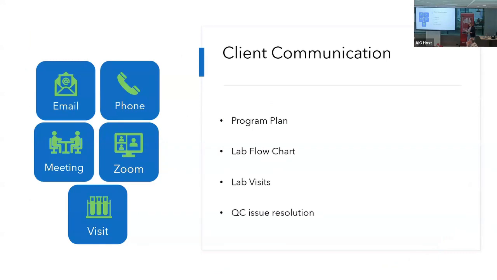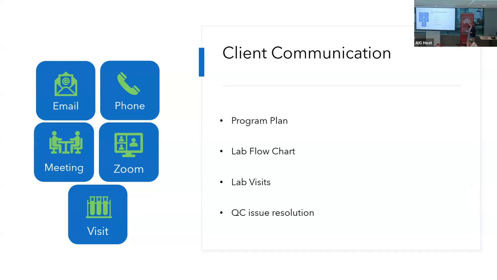Now we've identified individual mutual needs, let's outline some actions by the client for successful communication. Convey your program's plans to the lab. Employ the lab's technical expertise for input for your sample prep and assay. Collaborate with the lab on your flowchart.